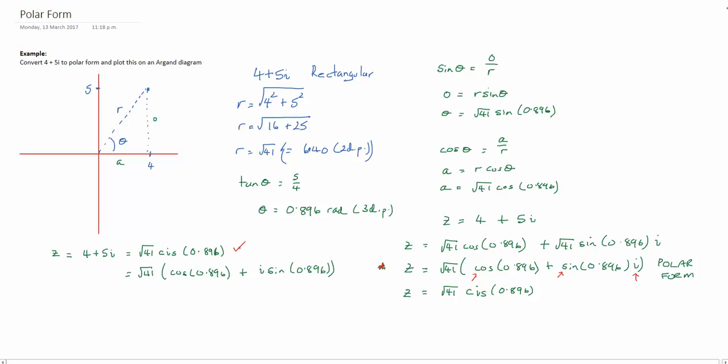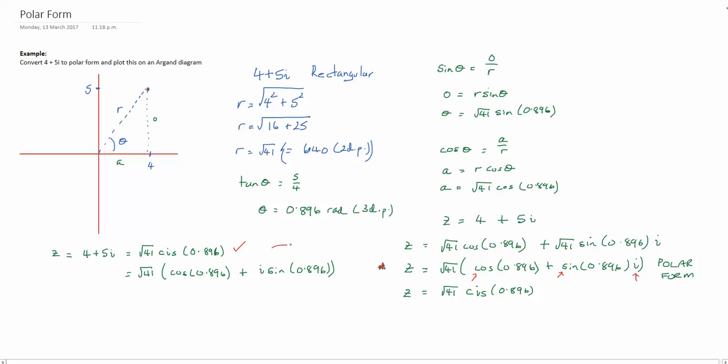And plot it on the Argand diagram. Well, we've actually got it plotted here already, and so you can see that it's a lot easier to actually plot in rectangular form. So quite often, if we wanted to actually plot something like this given in polar form on an Argand diagram, it's actually a lot easier to convert to rectangular form and then plot. So how would you convert to rectangular form?